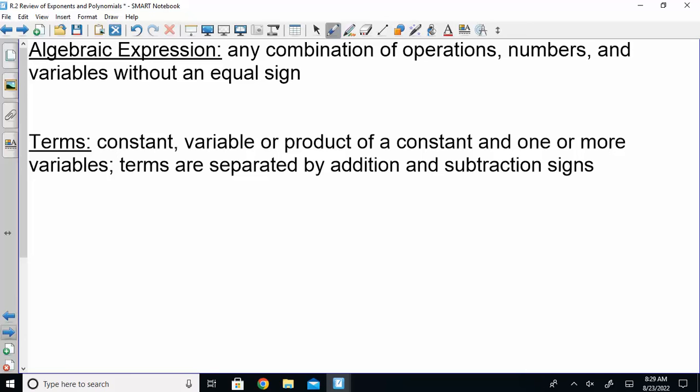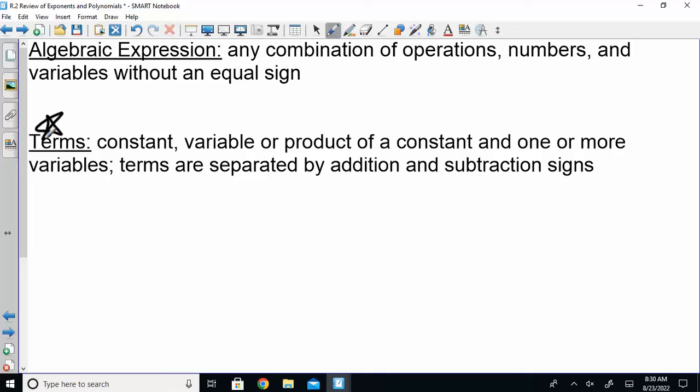Okay, I'm not testing you over the definitions, but I want you to know when I say these words what I mean. When we talk about an expression, that just means it doesn't have an equal sign. 8x is an expression. 3 plus 5 is an expression. Anything without an equal sign is an expression. Terms. This is very, very, very important. We will come back to this one a lot. Terms are separated by addition and subtraction signs.